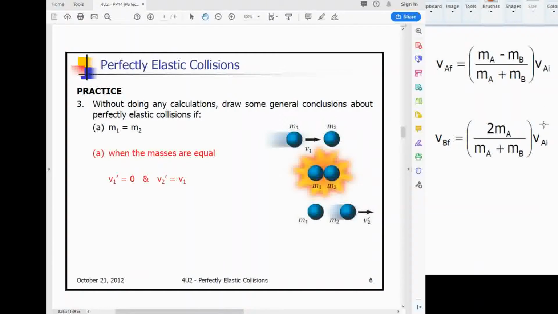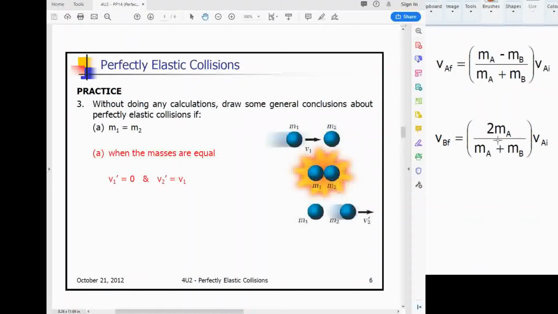And then what happens over here? If we have VBF, which is 2MA over MA plus MB, and in this case MA and MB are equivalent, we would have 2M divided by 2M.